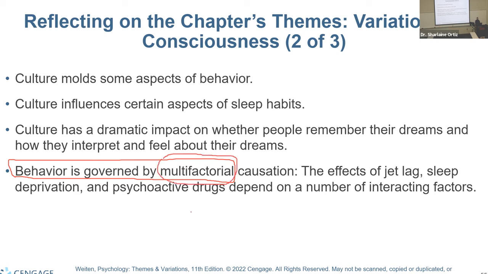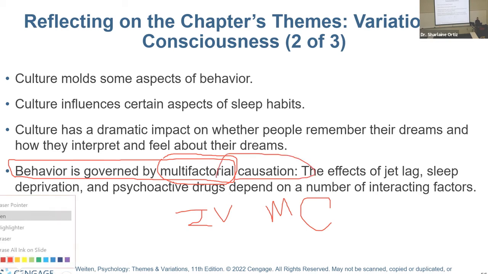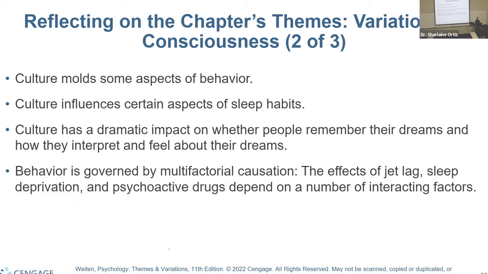There tends to be many independent, dependent, moderating, covariate variables that can impact causation. So remember, if you don't take anything else from this class, it should be that we run many statistical procedures because most of the time behavior is immensely complex. If you don't remember anything else, that should be it.